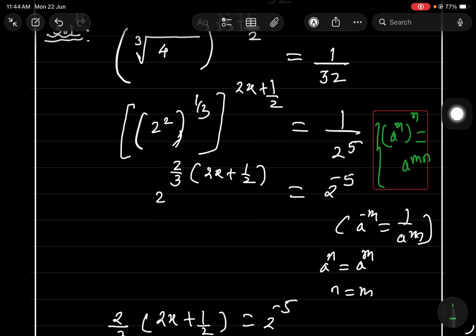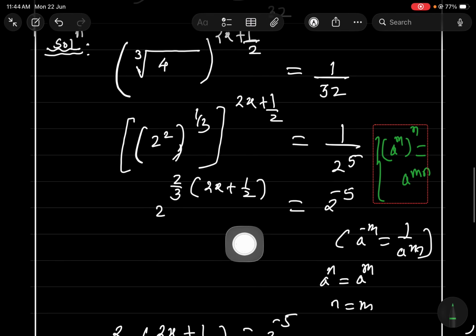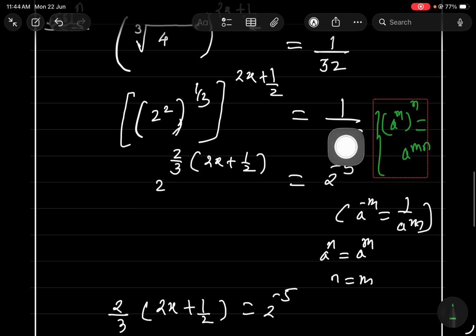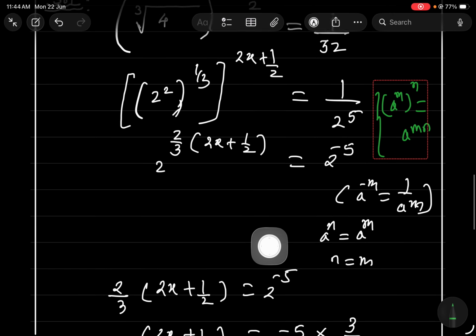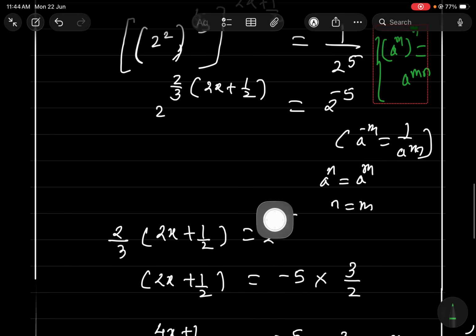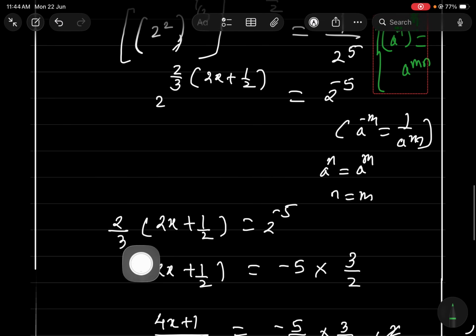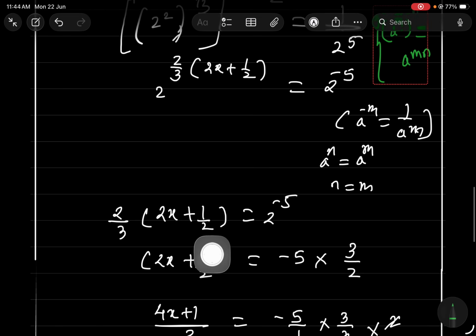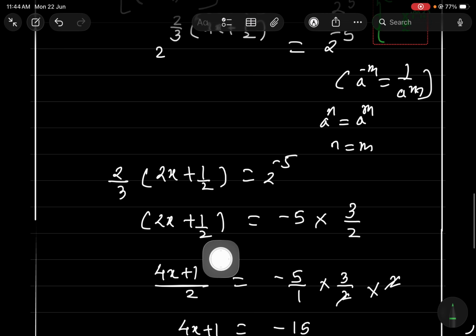So you have to make the bracket here, okay. And the reciprocal of this 1 upon 2 is 2, so the index becomes 2 raised to minus 5. So here this law we are using: n equal to m. Then what will happen? 2 upon 3 in bracket, 2x plus 1 upon 2, raised to 2 minus 5. So you write as it is.